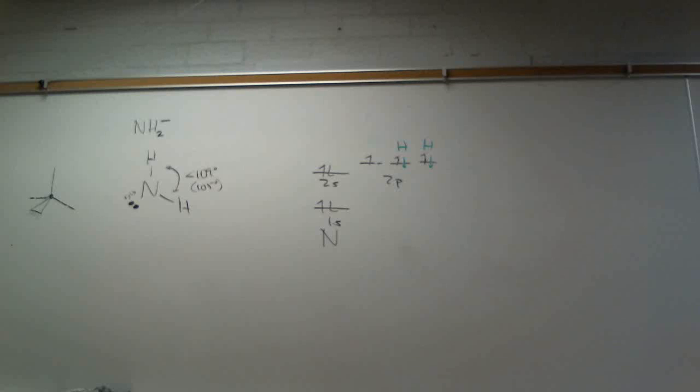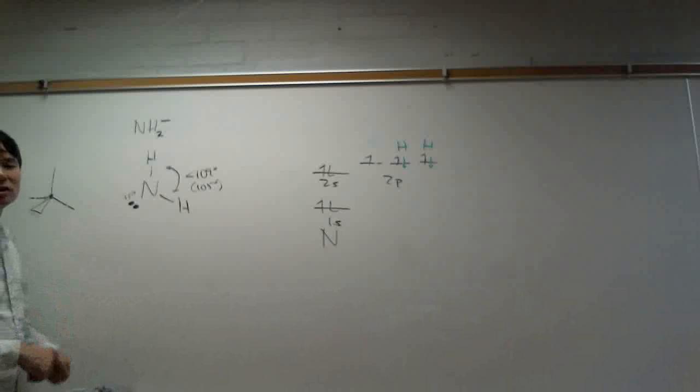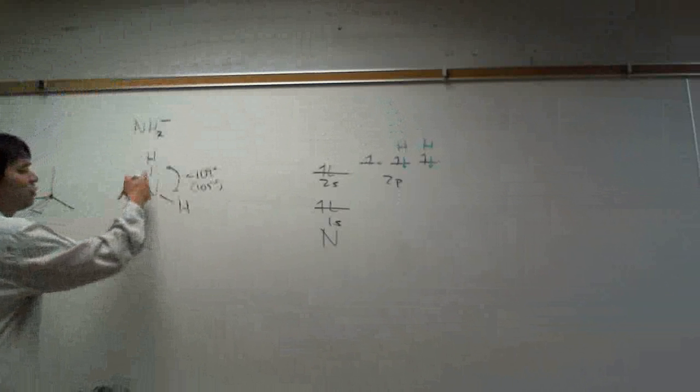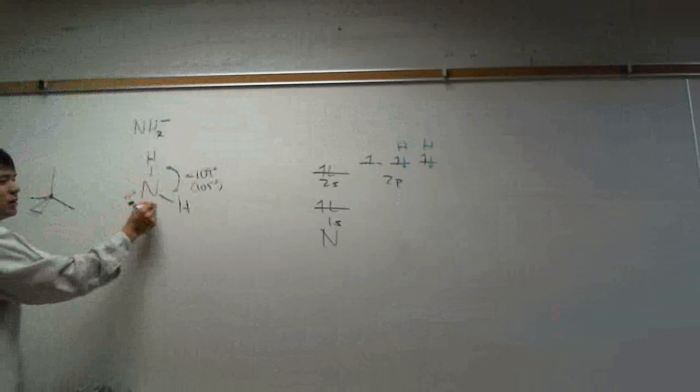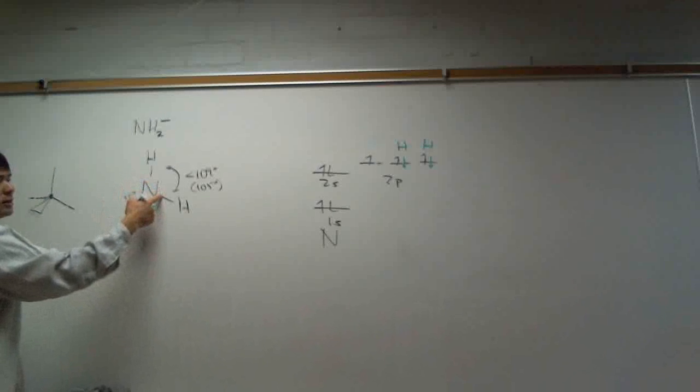How many valence electrons does nitrogen have? 5. Hydrogen has 1 each. And so what's going on here? Do you know this nitrogen has an extra electron? Look at the formal charge on it. What is it? It's minus. Nitrogen normally has 5, but in this structure it actually has 1, 2, 3, 4, 5, 6.